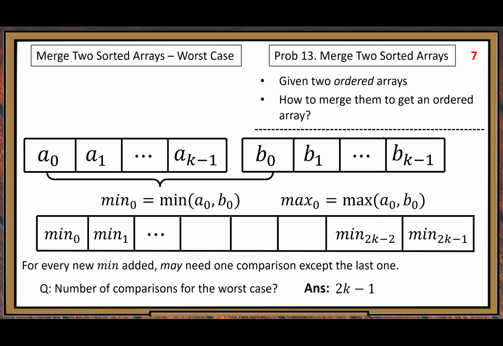So for the worst case, 2k minus 1 comparisons are needed. We have a total of 2k elements, but for the last one we do not need any comparison. That's the worst case, not the best case: the maximum number of comparisons we need to get two subarrays merged.